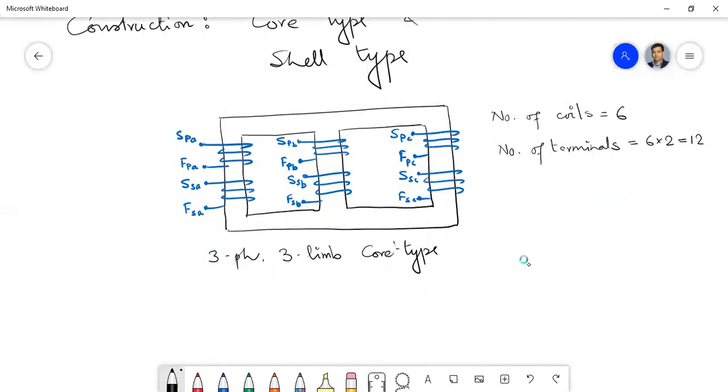Now here I will draw a different thing, that is the flux. Now the phase A, if the phase A is excited either by the primary coil or the secondary coil, then how will the flux be generated? Suppose this is the phase A flux. Phase A flux will flow like this.